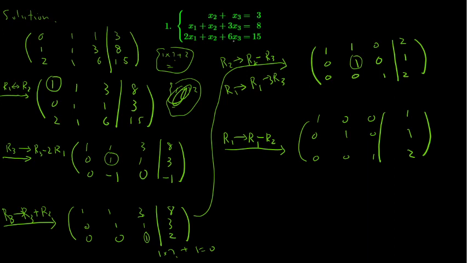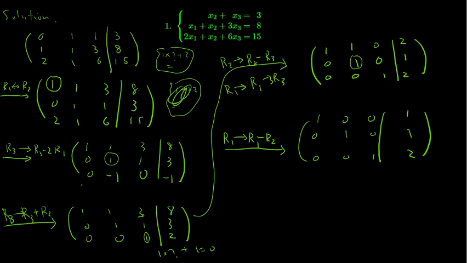Now the whole picture. You are given a system of 3 linear equations in 3 unknowns in this case. No matter in the future how many equations, how many unknowns, how large the system is, we start from the augmented matrix, and then we perform a list of operations.